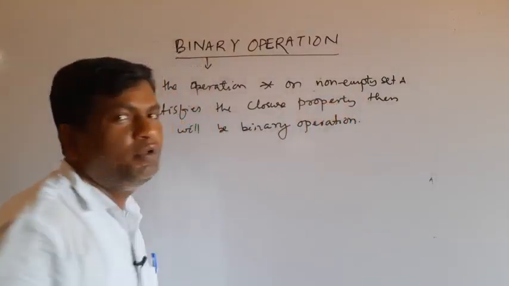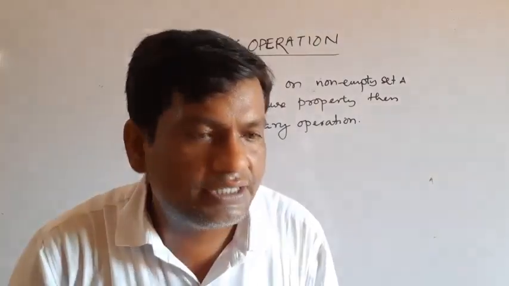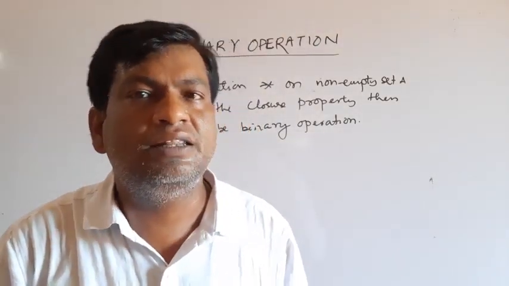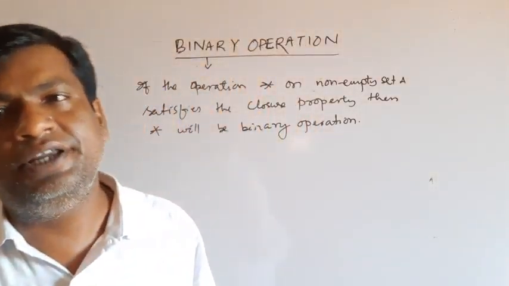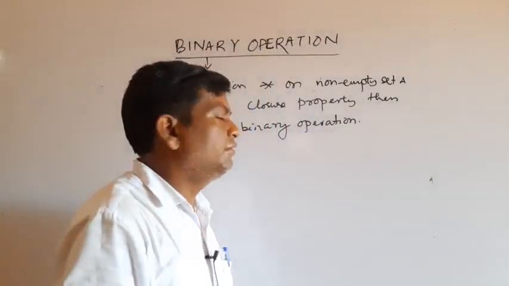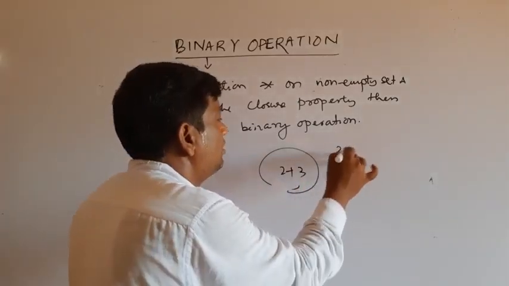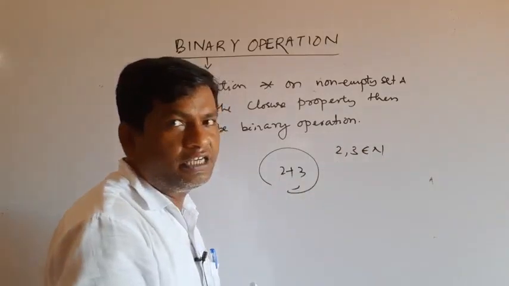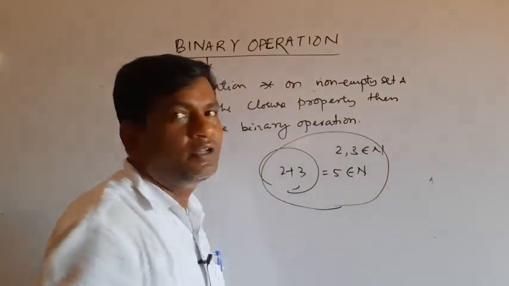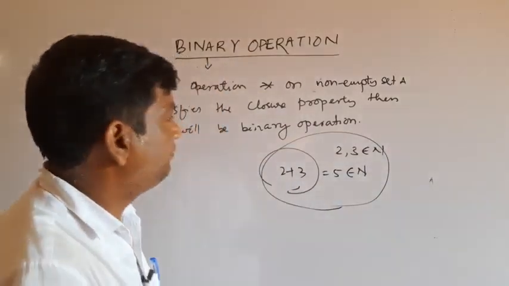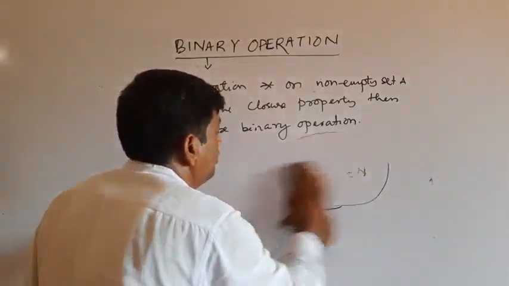Actually, what do you mean by closure property? Operation of any two elements of a given set produces a new element, and that new element also belongs to the same set; then we say it is the closure property. Suppose in 2 plus 3, 2 and 3 belong to N, the set of naturals, and 5 also belongs to N, so this is the closure property in addition.